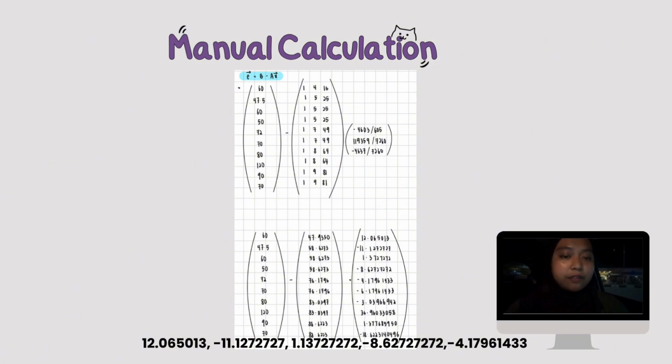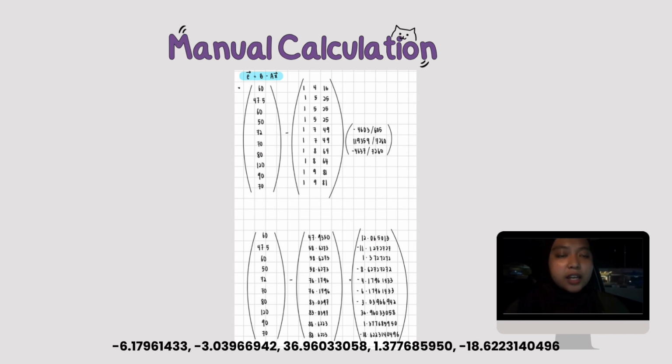12.065013, negative 11.1272727, 1.372772, negative 8.62727272, negative 4.179614333, negative 6.179614333, negative 3.03966442, 36.960333058, 1.377685950, and negative 18.622314046.